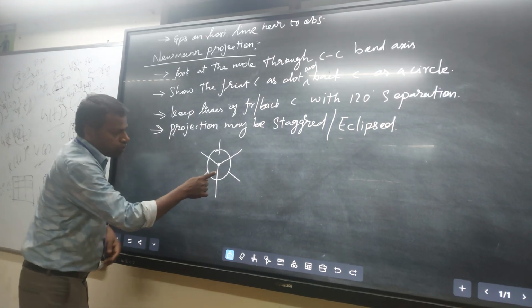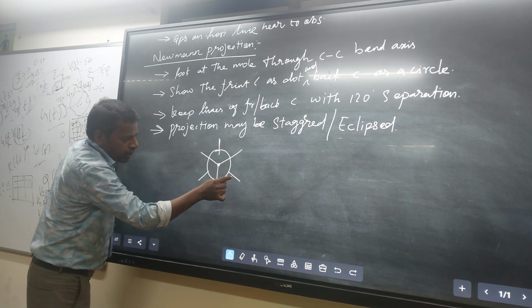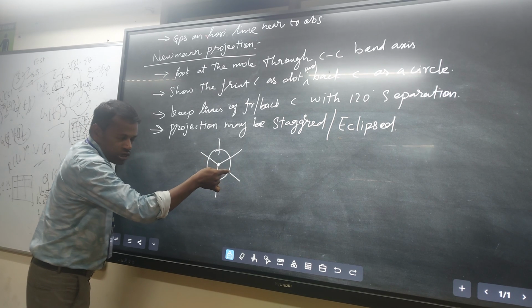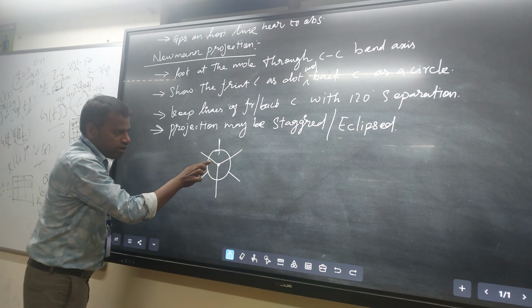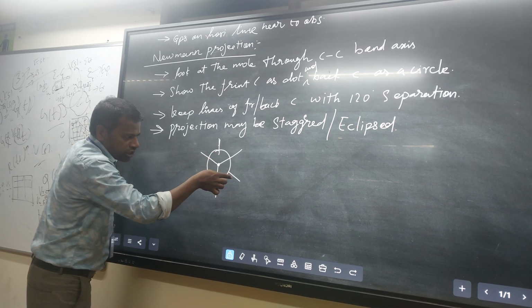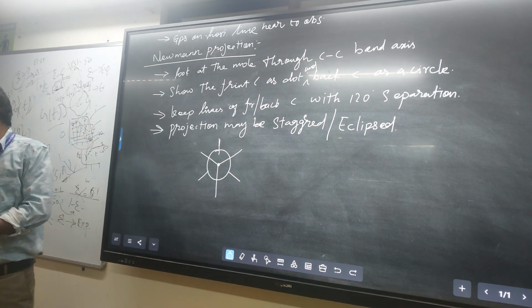Okay. So you know this is the back carbon circle. From here one bond and here another bond, therefore 120 degree separation. So in between, the front carbon bonds are there. This is a 60 degree separation. This is 60 degrees. So this conformation is a staggered conformation.